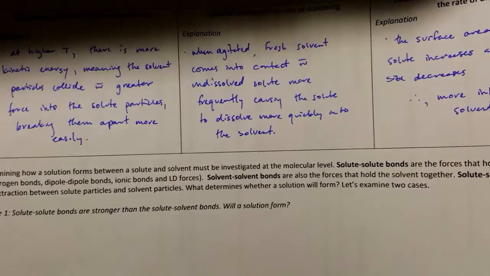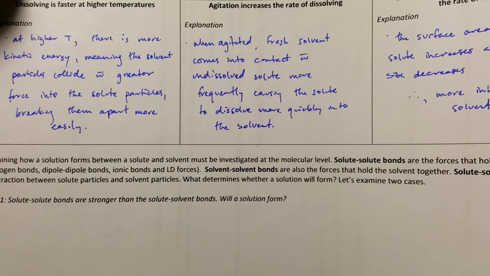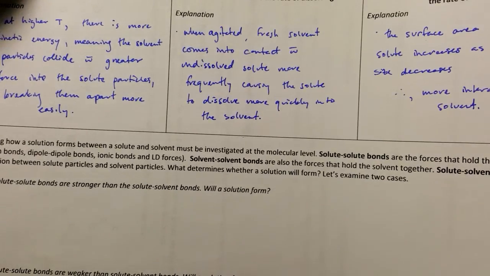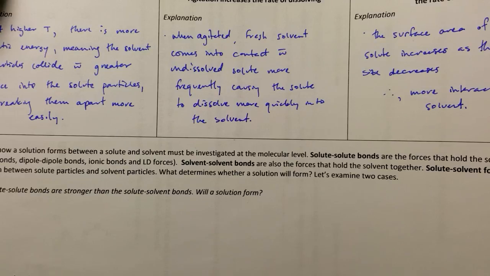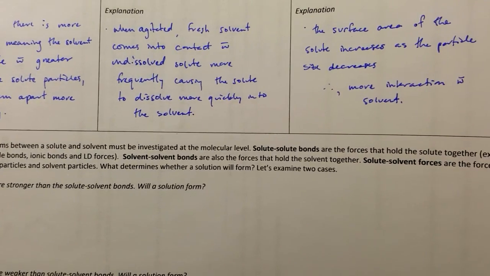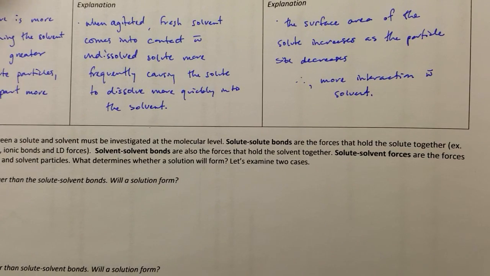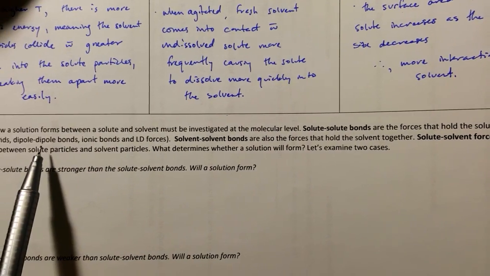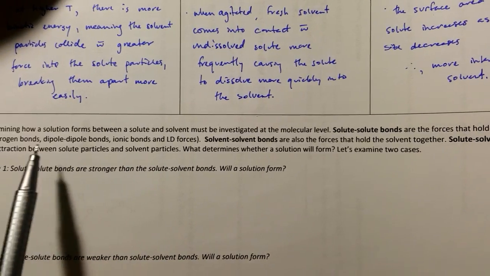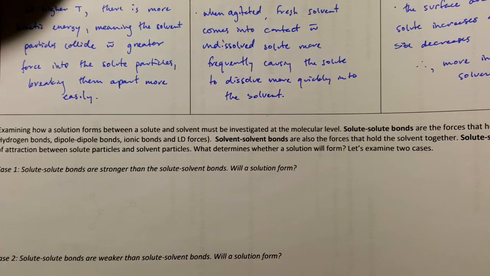Moving on. Examining how a solution forms between a solute and solvent must be investigated at the molecular level. Solute-solute bonds are the forces that hold the solute together. For example, what holds individual sugar molecules together? Well, that would be the hydrogen bonds or the dipole-dipole bonds between individual sugar molecules, and the LD forces.